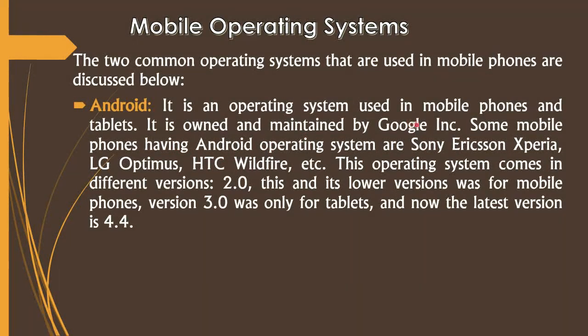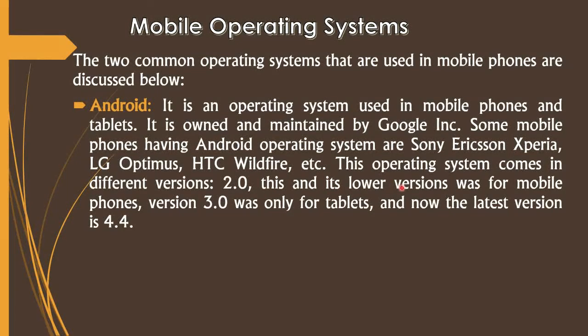This operating system is used in mobile phones and tablets. It is owned and maintained by whom? Google. Some mobile phones having the Android operating system are Sony Ericsson, Xperia, LG, HTC, Wildfire, etc. Nowadays Oppo, Samsung, many companies' mobiles are using the mobile operating system only.